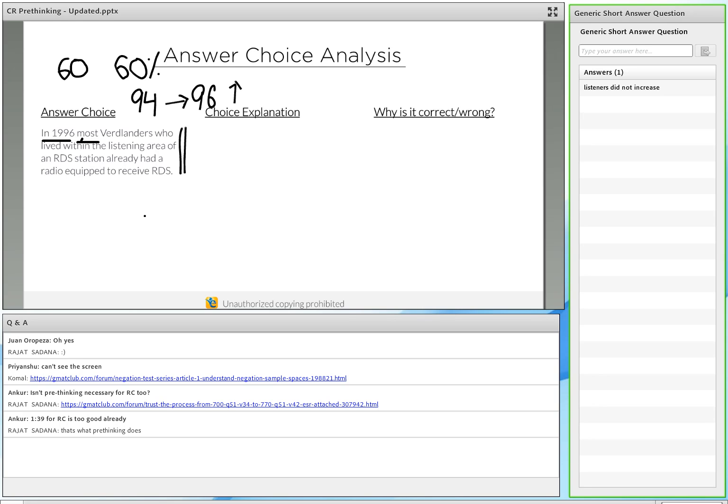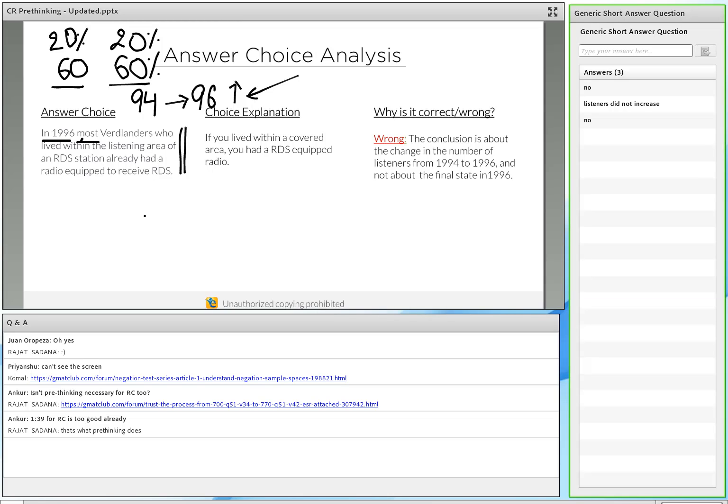Now tell me one thing, is it required that 60% of the Worldlanders have RDS radios for this conclusion to hold true? What if this number were 20% in 94 and 20% in 96? No, it's not required, right? Which is why this answer choice is incorrect.